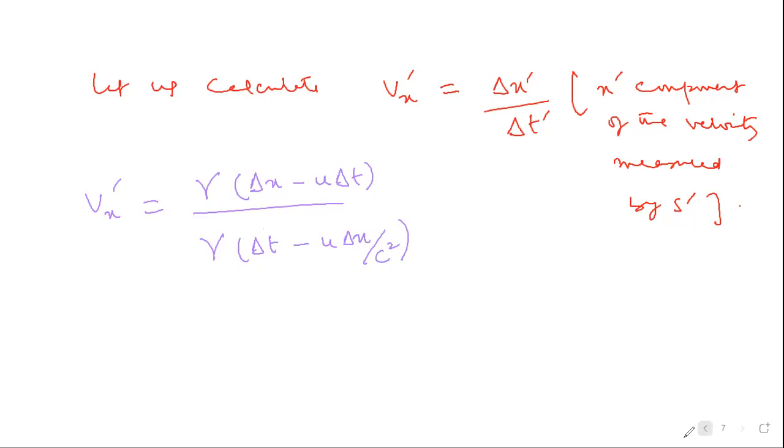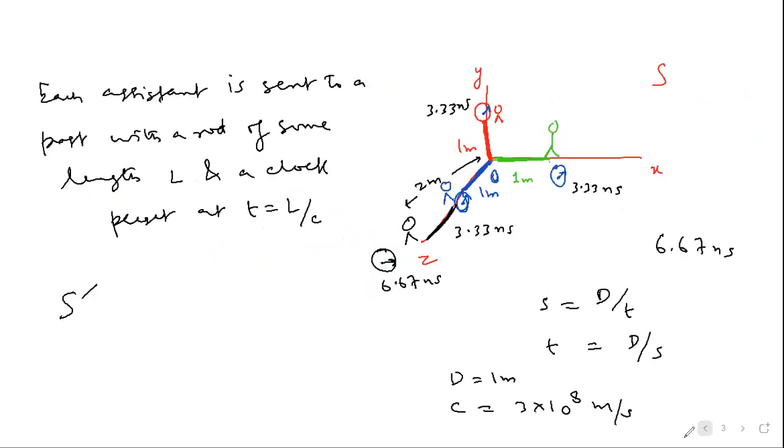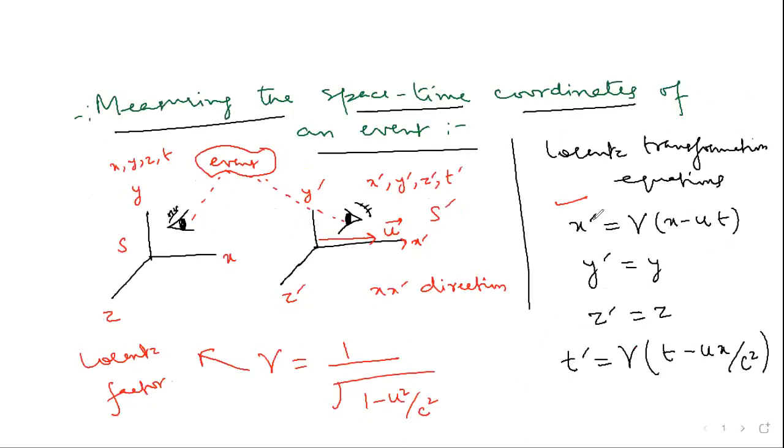Remember the Lorentz transformation equations. X prime is gamma times x minus ut. So delta x prime is therefore gamma times delta x minus u delta t, and delta t prime is gamma times delta t minus u delta x by c square, right? So we have simply used the interval transformation.